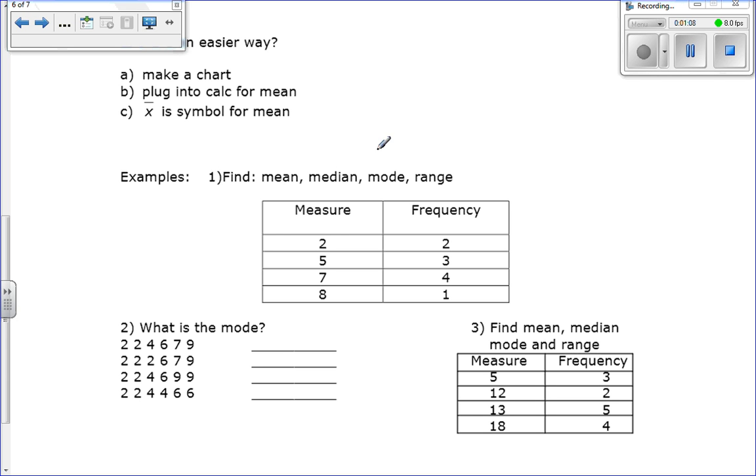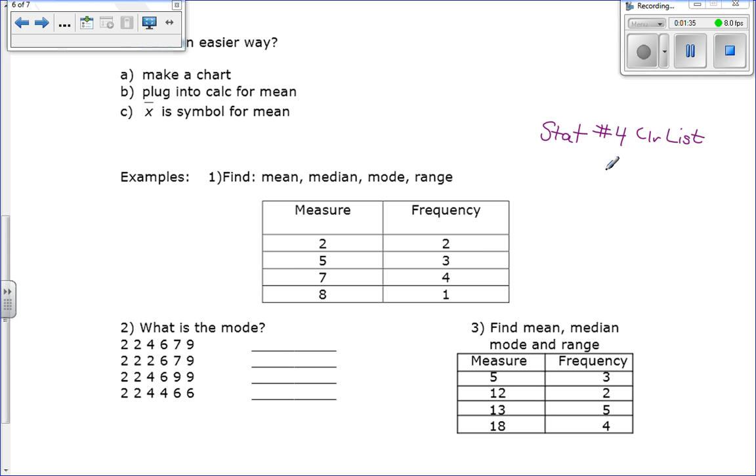So one of the first things you need to do when you're using the graphing calculator is to hit the stat button and then go to number 4. And this is clear our list. And we want to clear whatever lists have any data in them.